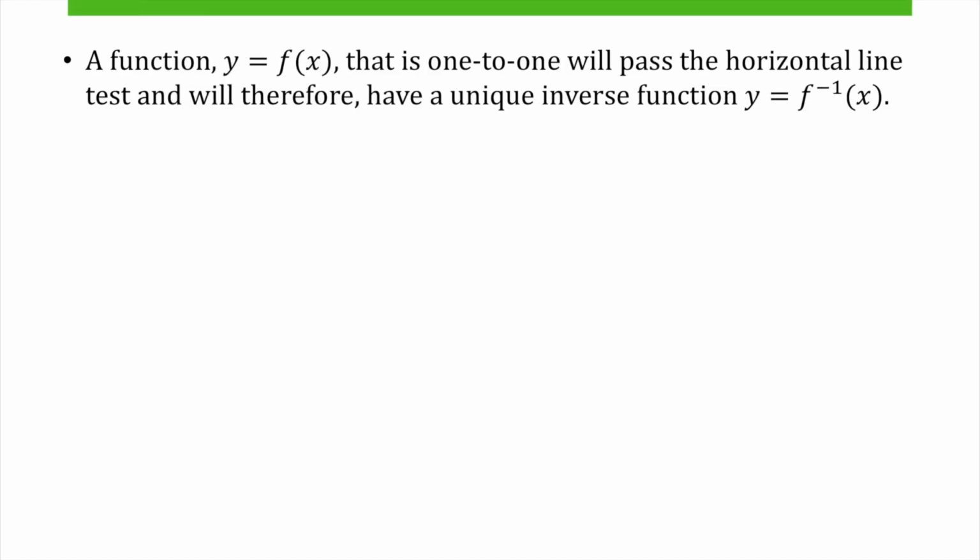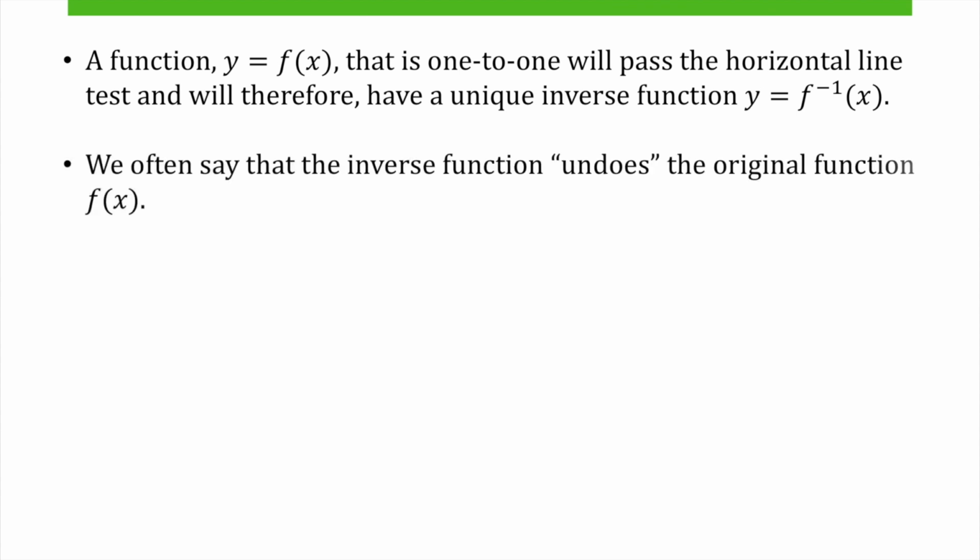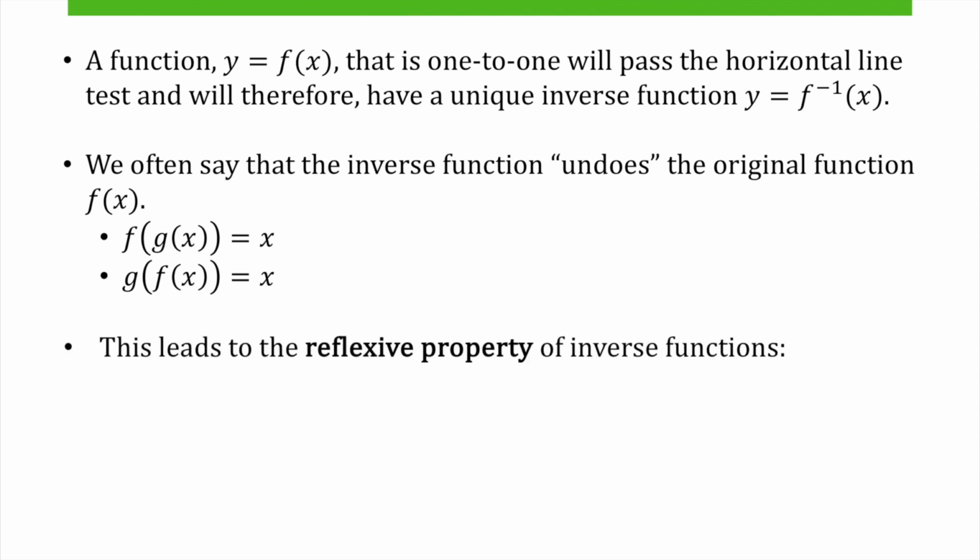A function y equals f of x that is 1 to 1 will pass the horizontal line test and therefore have a unique inverse function y equals f inverse of x. We often say that the inverse function undoes the original function f of x, meaning that f of g of x equals x and g of f of x equals x.